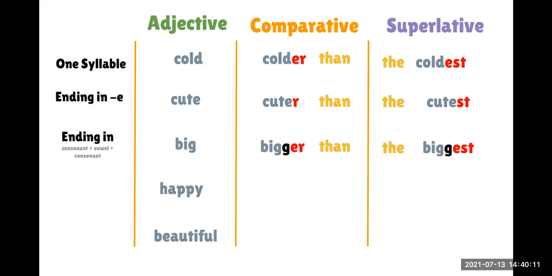Okay, teacher, thanks. Okay, then we have the next adjective, and we said that happy has 2 syllables, right? There is an exception here. We have happy with 2 syllables, but this adjective finishes in Y. Okay? So when we have an adjective with 2 syllables and this adjective finishes in Y, we need to change Y for I and add ER.